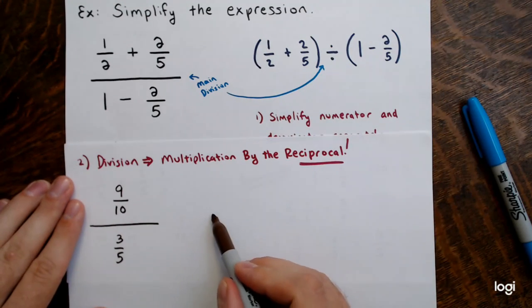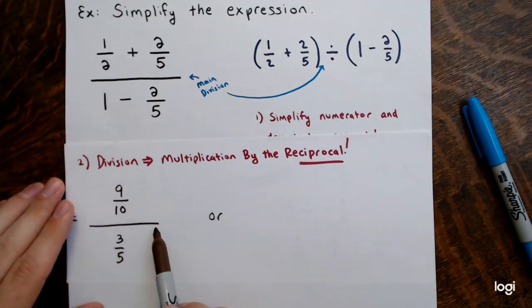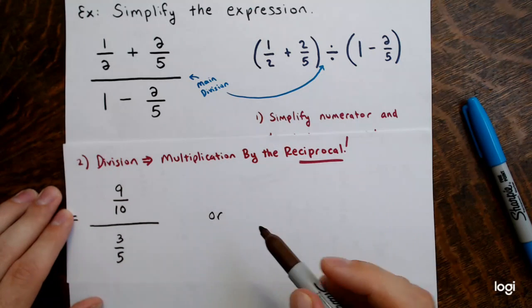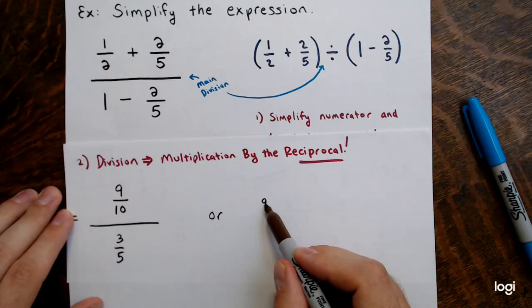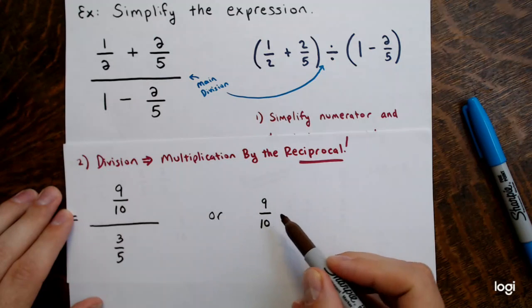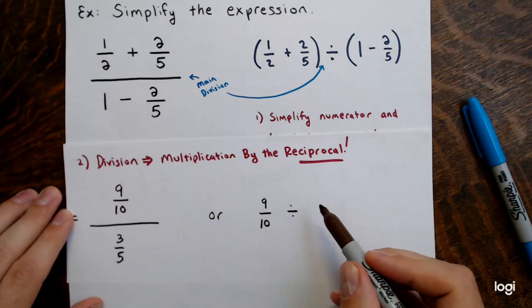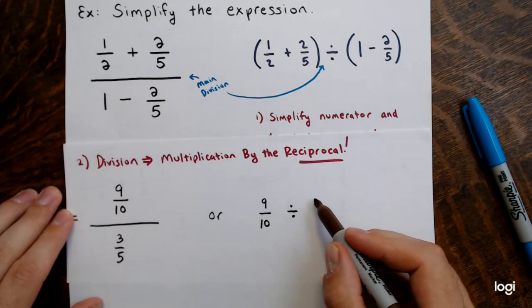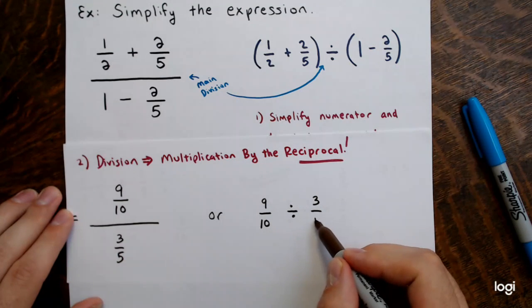Or, like I said, you can think of this main division bar as the division symbol. You can always rewrite division as the division symbol. This is the same thing as 9/10, the numerator, divided by that denominator, 1 minus 2/5, which was 3/5.